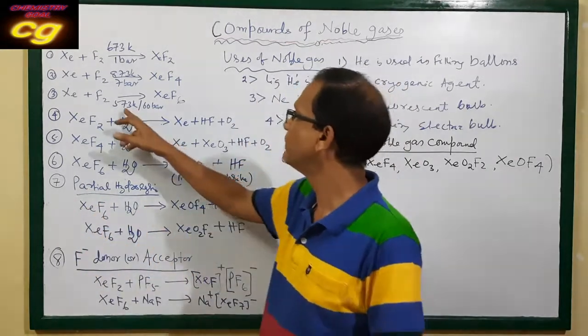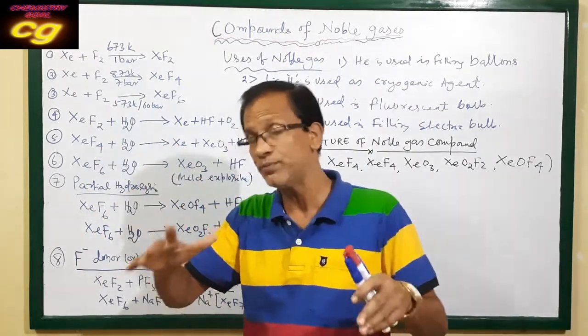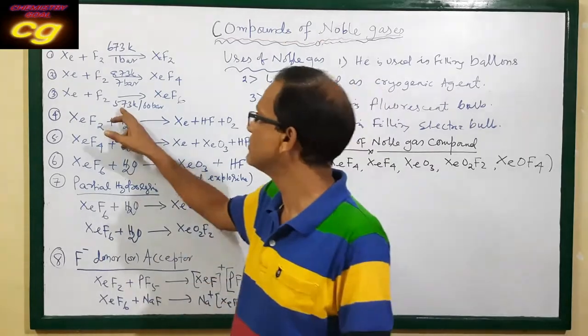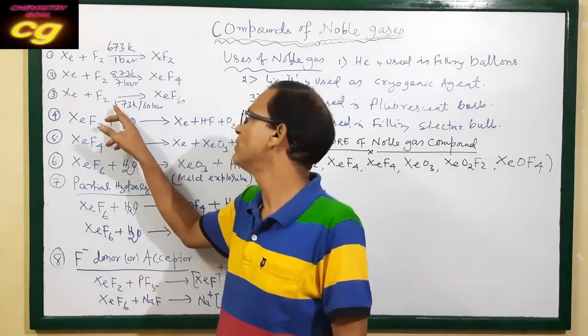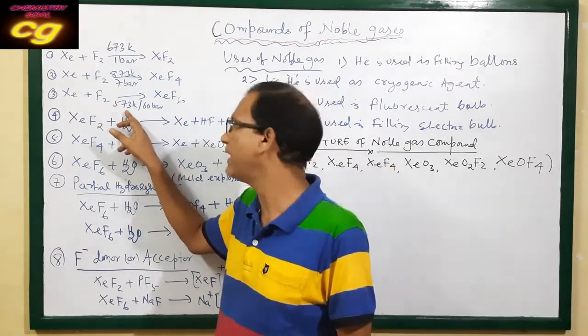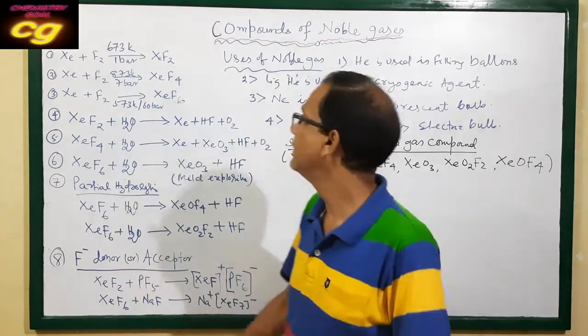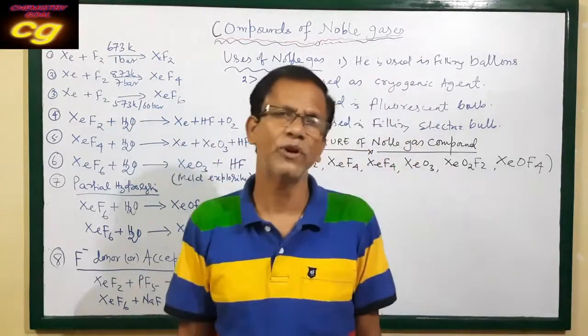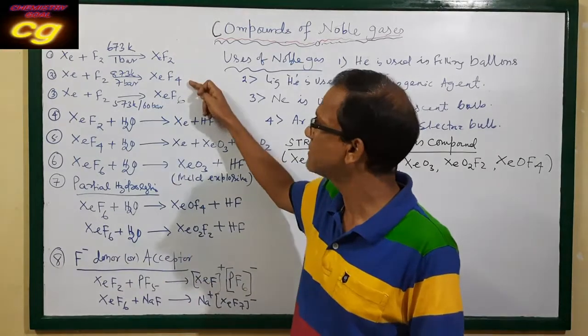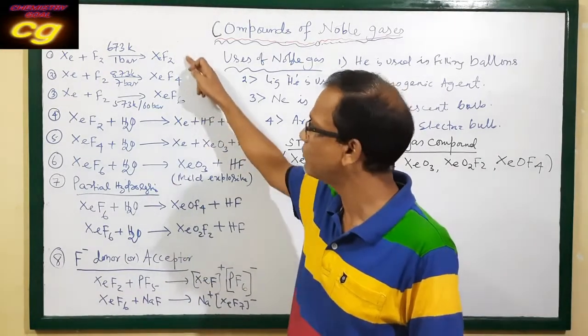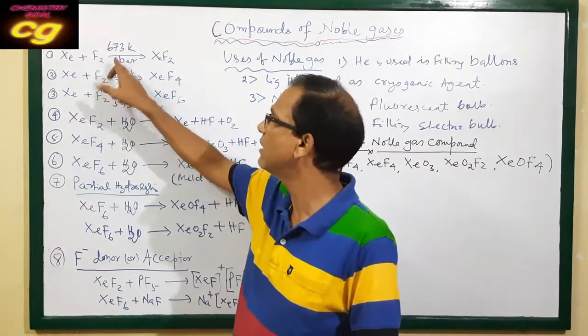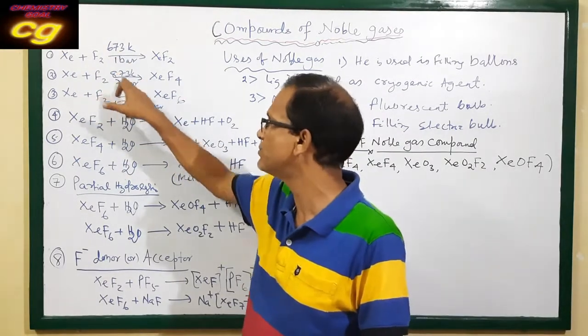When the pressure is very high, then the temperature can be low. At a temperature of 573 K and 60 bar pressure, it produces xenon hexafluoride. So difluoride, tetrafluoride and hexafluoride are produced from xenon and fluorine under different conditions of temperature and pressure.